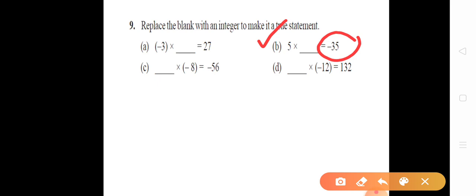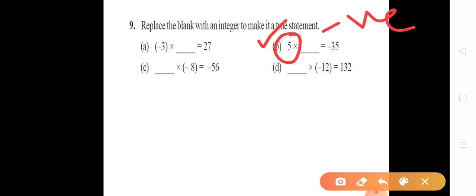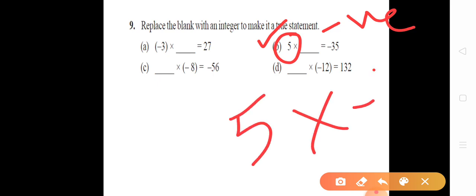So in order to get this particular number, you need to multiply 5 by a negative integer, right? Since 5 into 7 gives you 35, therefore 5 into minus 7 is going to give you minus 35. So you fill up the blank with minus 7, and your statement will become true.